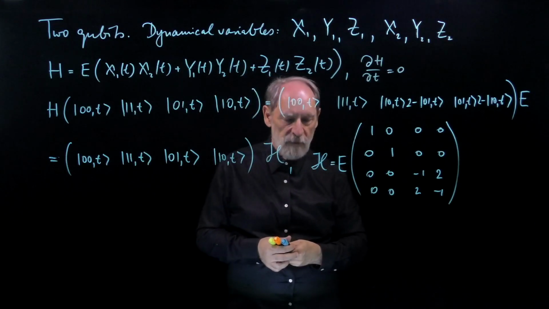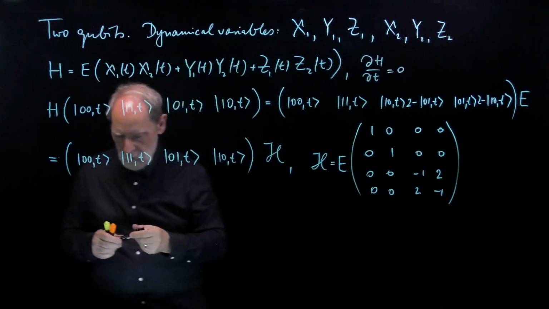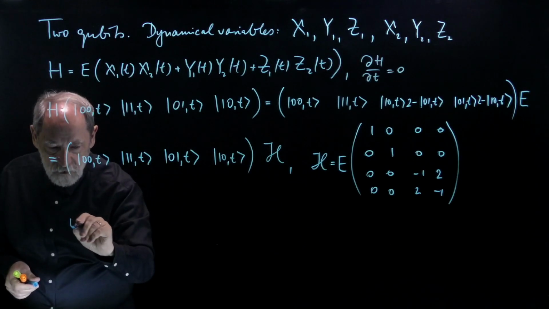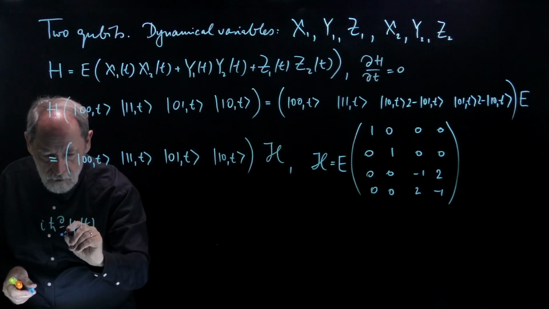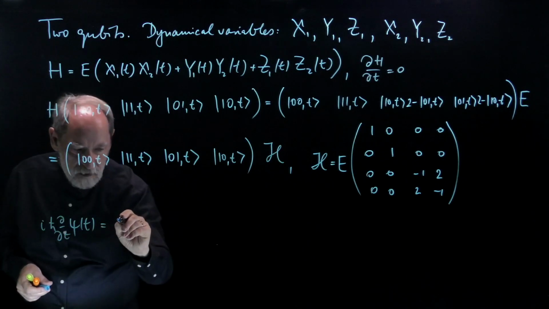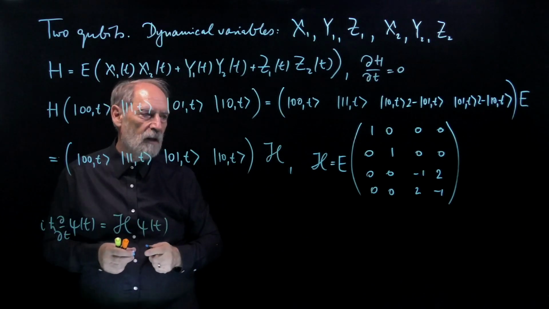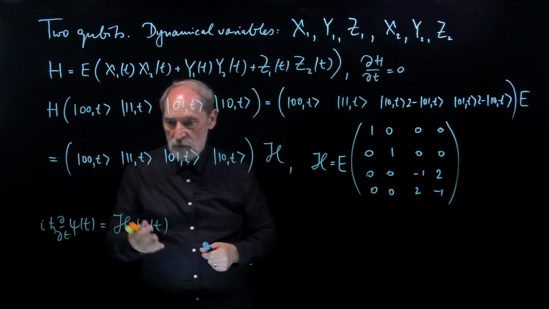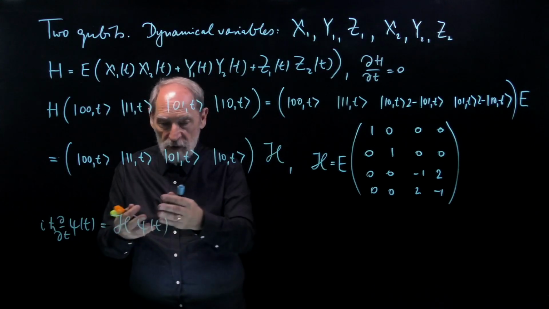depend on time. So now we have a wave function, and for the wave function psi of t, we have the Schrödinger equation, which is this matrix multiplying psi of t. Since the matrix does not depend on time, this should be easy to solve.